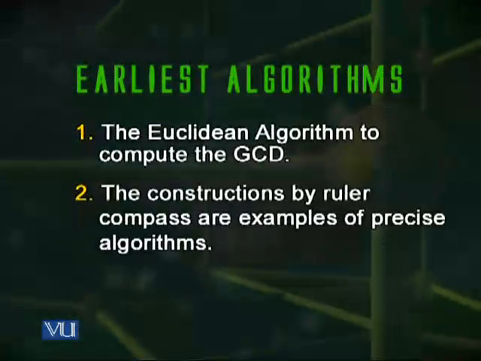Another place where we find a strict concept of algorithms in Greeks is the following. Greeks were very interested in constructions by ruler and compass. These are examples of precise algorithms. The elementary steps are well defined and the tasks are well defined as well.